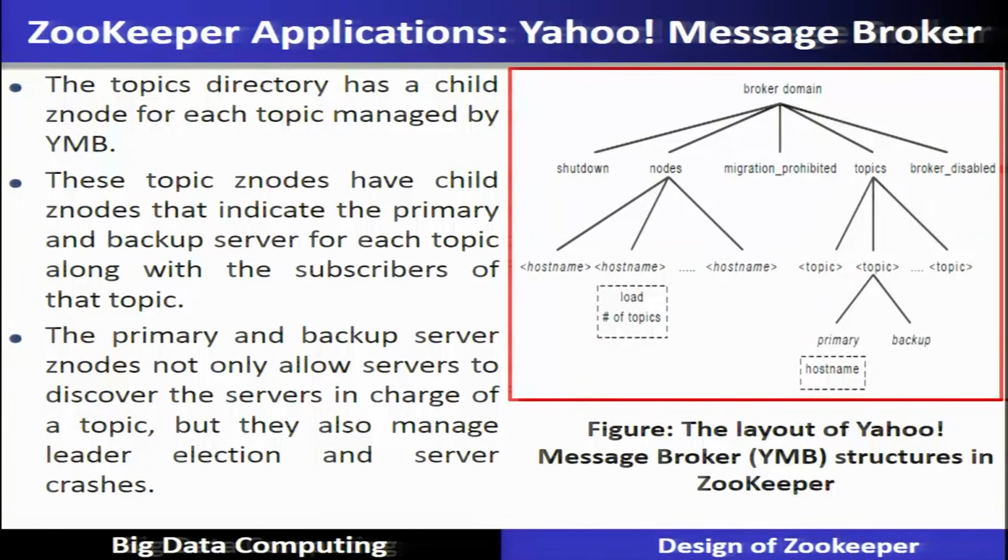The topics directory has a child Znode for each topic, which is managed by the YMB. These topic Znodes have children Znodes that indicate the primary and the backup server of each topic, along with the subscribers of that particular topic.